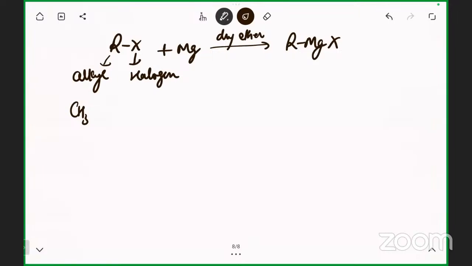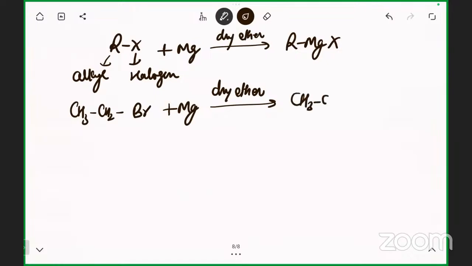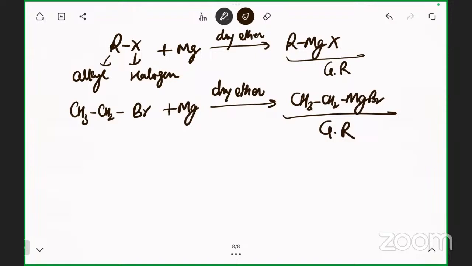In the place of R I'm using CH3CH2, and X is a halogen, I'm using Br. When it reacts with Mg in the presence of dry ether, it forms CH3CH2MgBr. This is called Grignard reagent. This is not a hydrocarbon; first we are forming the Grignard reagent.